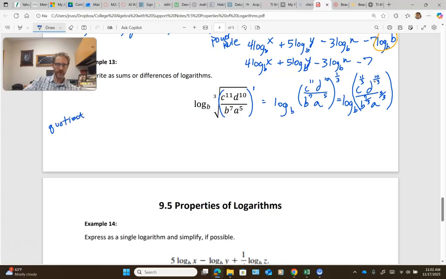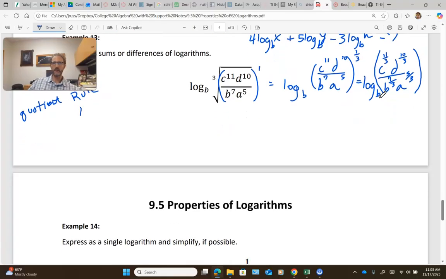Like I said, a fair amount of work, but okay, so the quotient rule says that this will split into two logarithms, the logarithm of the numerator minus the logarithm of the denominator. So let me go ahead and write that out. I have to write small here so that I have enough room.